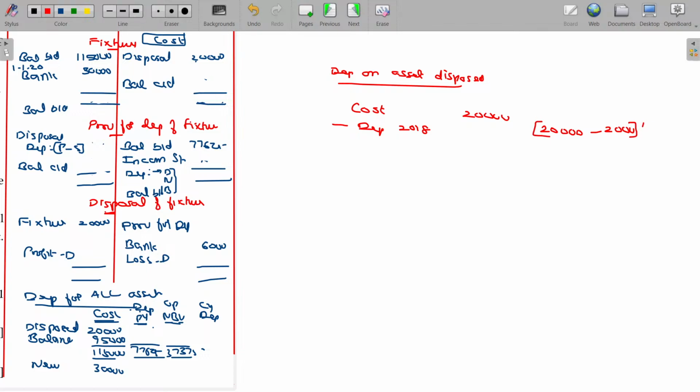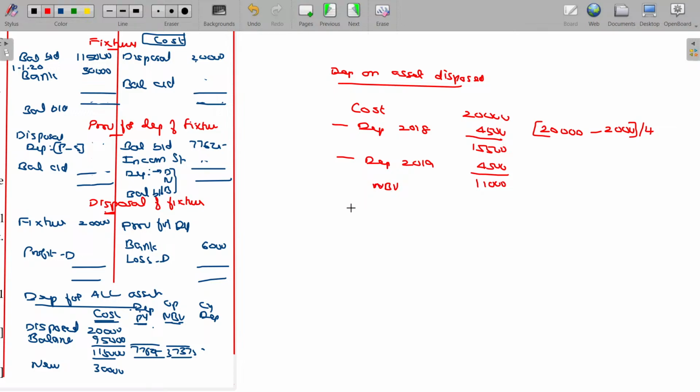Life being 4. 4,500 is the first year's depreciation. Then 15,500. Depreciation for the year 2019, again the same 4,500. Then balance being 11,000. This is the net book value on previous year.